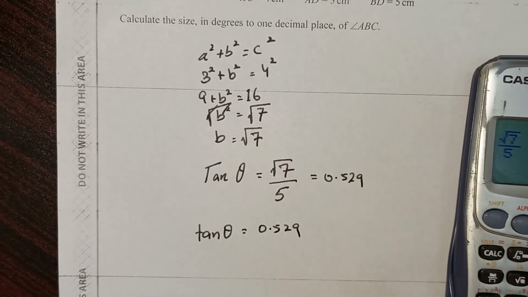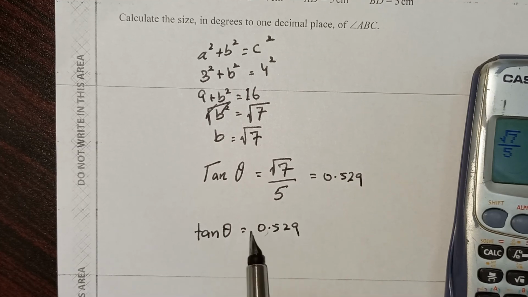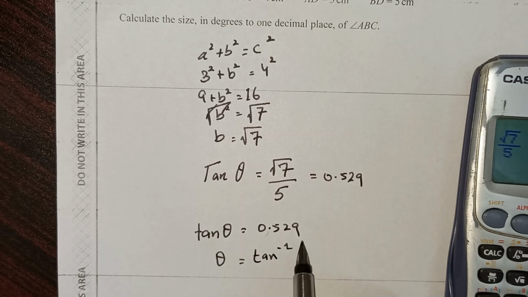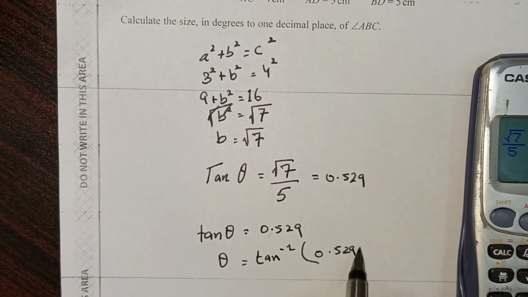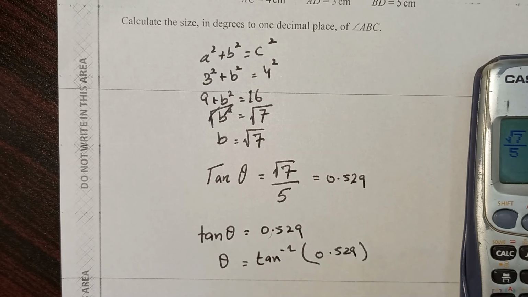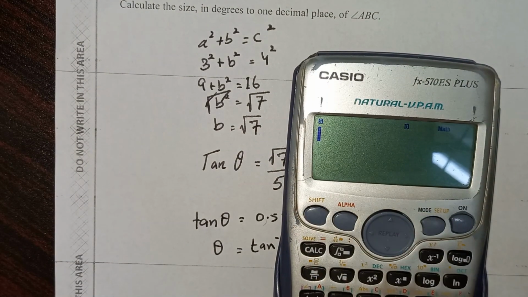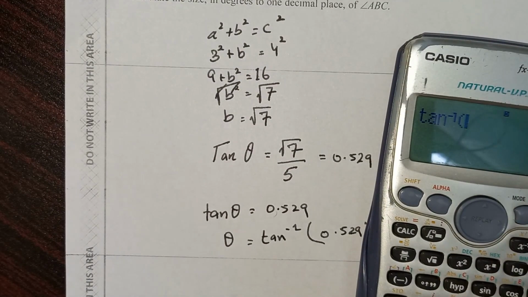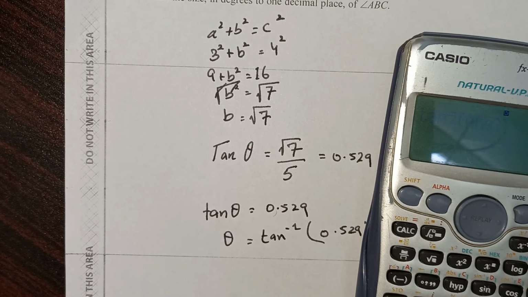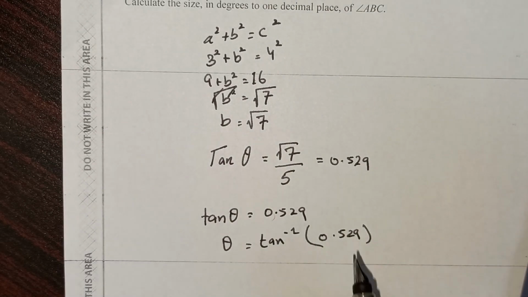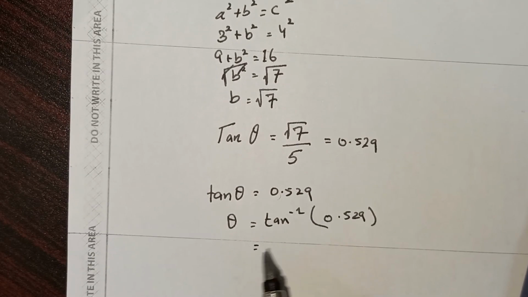Now how do you solve this? You simply need to put theta over here and use tan inverse to move tan to the opposite side to solve for theta. On the calculator you type shift tan, which gives us tan inverse, and then you type your value. Try to type the original fraction inside, because decimal places will make it inaccurate.